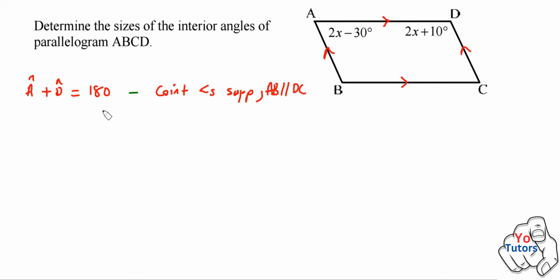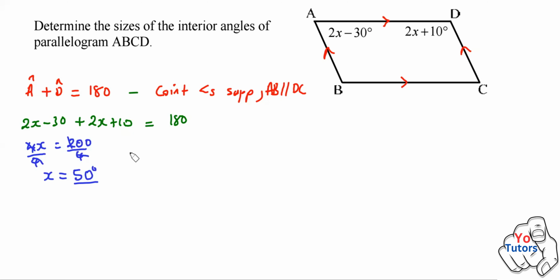Now, you have already given your reason, so you don't need to give a reason to calculate X. We say 2X minus 30 plus 2X plus 10 should give us 180. When you solve this, we find that X is equal to 50.